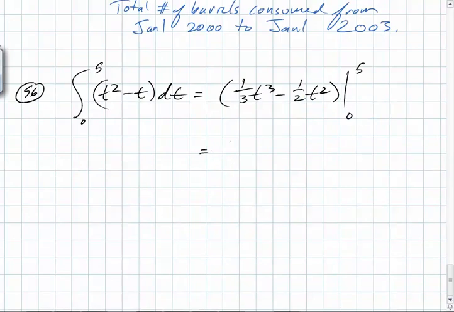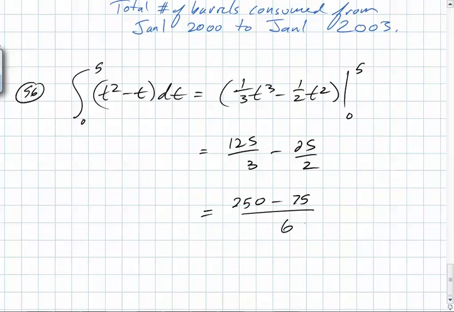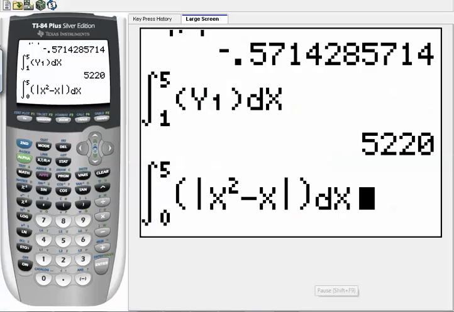So you end up with 125 over 3 minus 25 over 2. So you need to turn it into sixths. So you get 250 minus 75 all over 6. So it's indeed, what is it? Yeah, 175 over 6. So that verified.